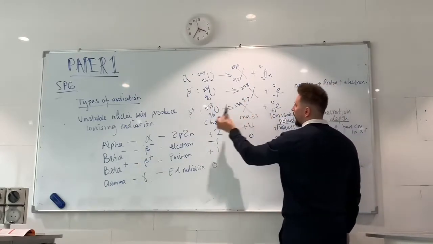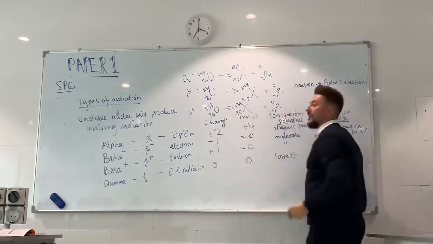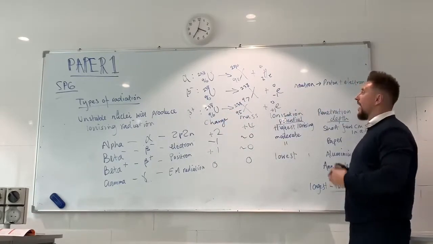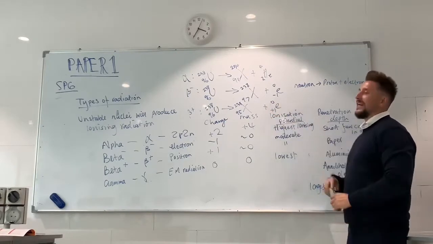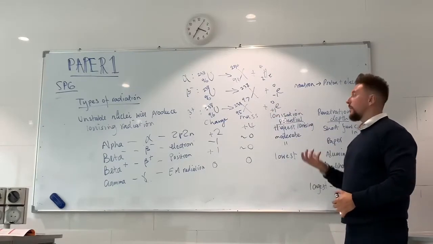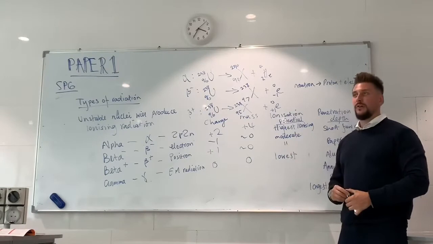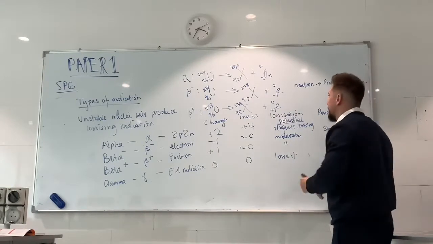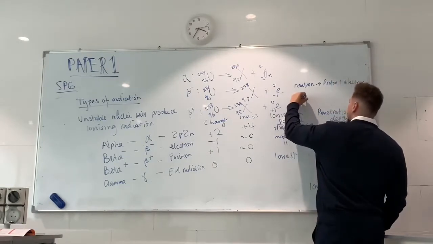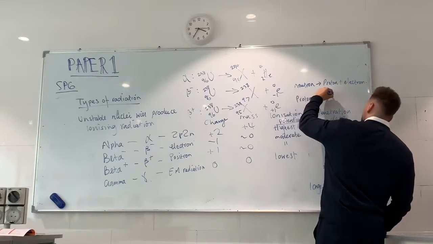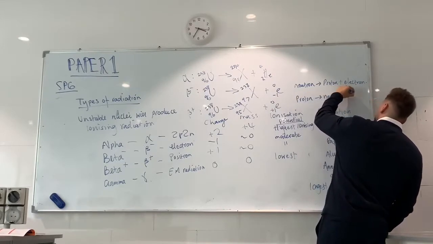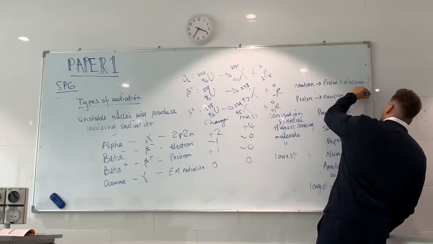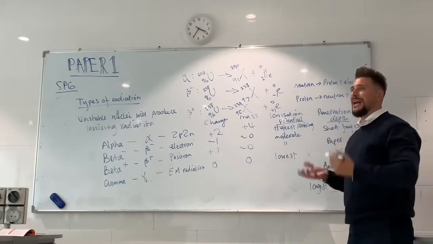Something add 1 gives me 96, that must be 95. What has changed? The new element has the same mass number, but it has dropped a proton. The only way that can happen is if a proton turns into a neutron, and as a result creates a positron.